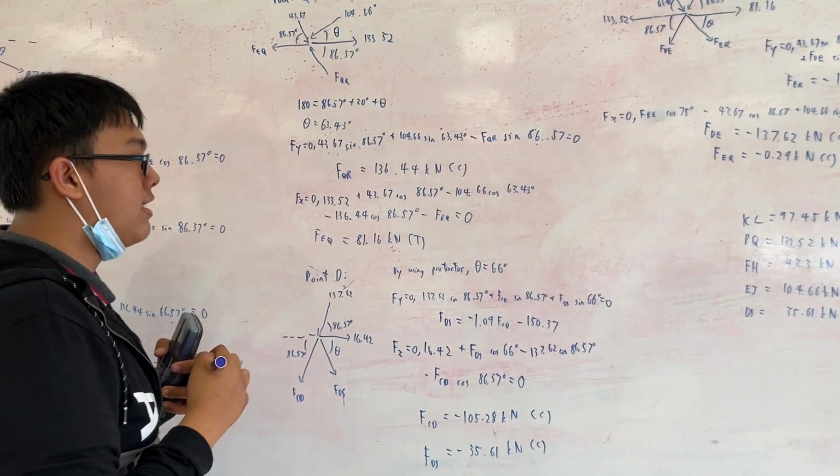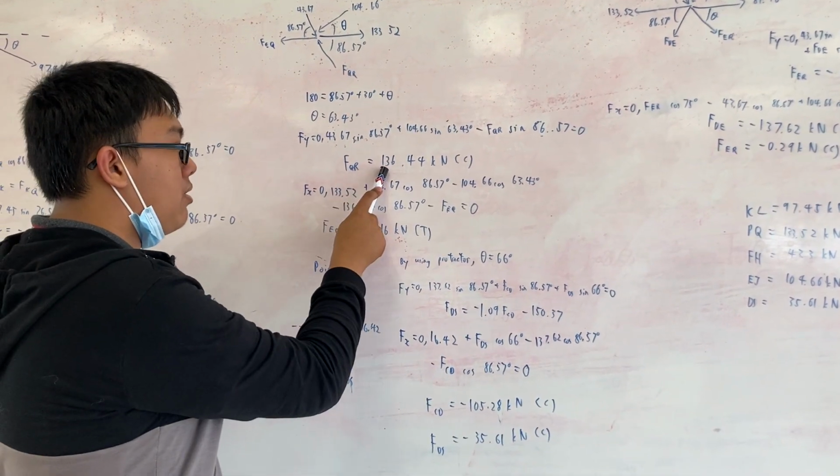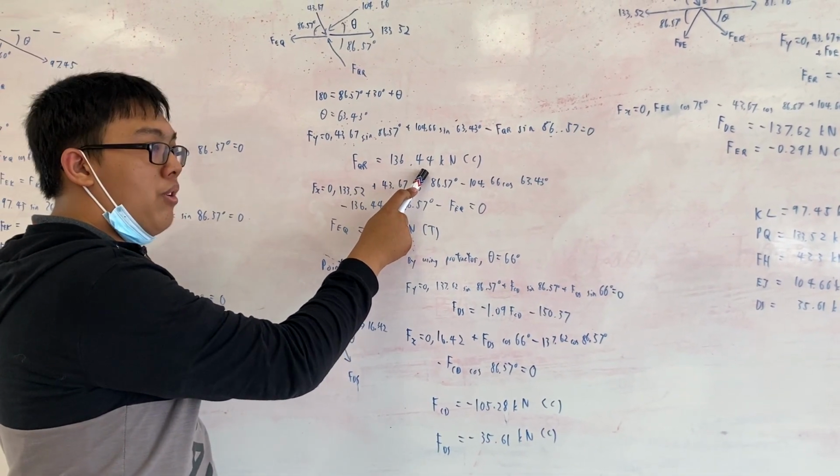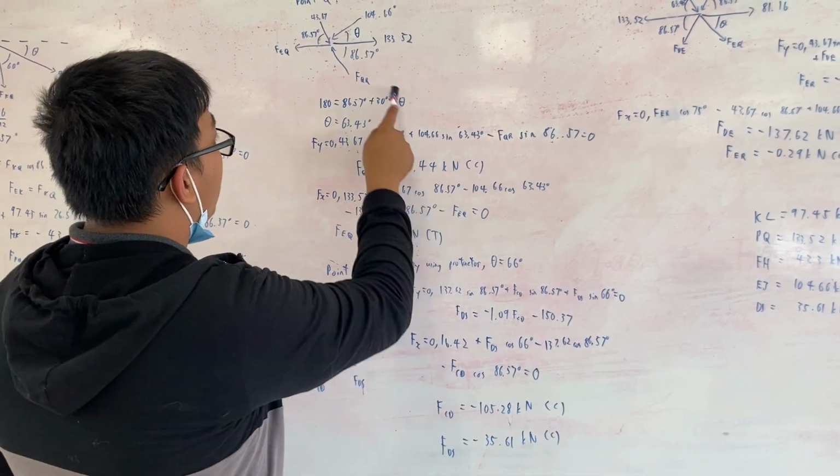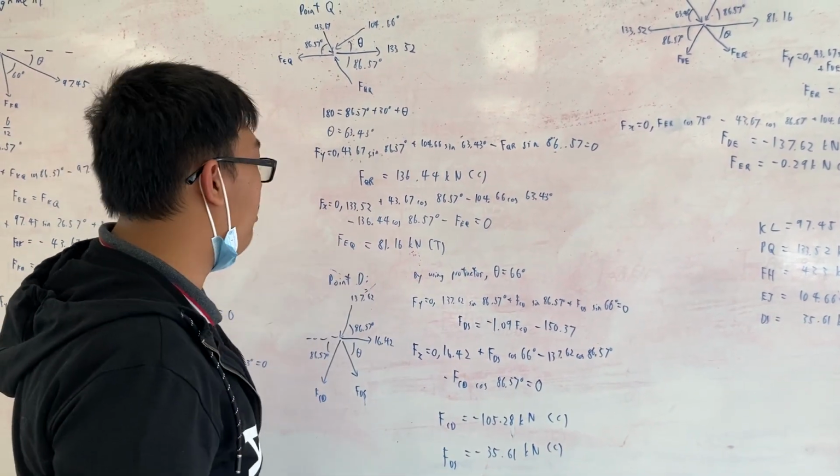After calculating this, we can determine that FQR is equal to 136.44 kilonewtons, which is a compressive force in this free body diagram.